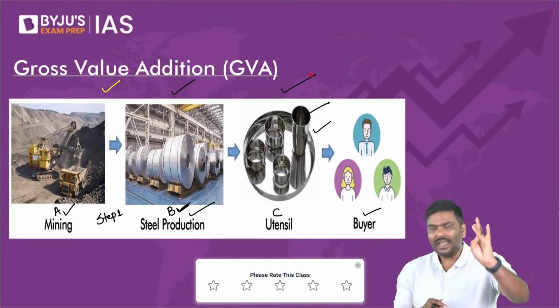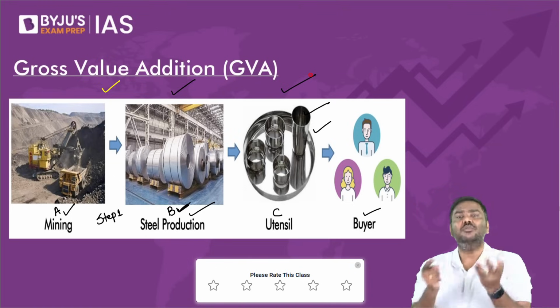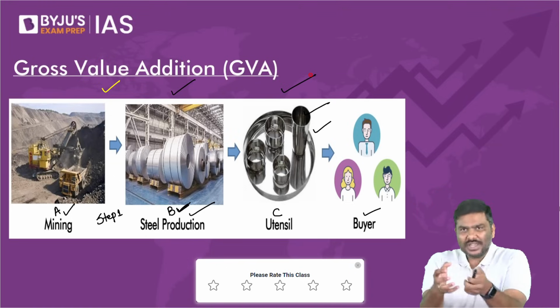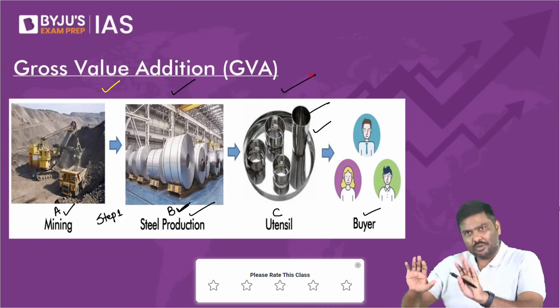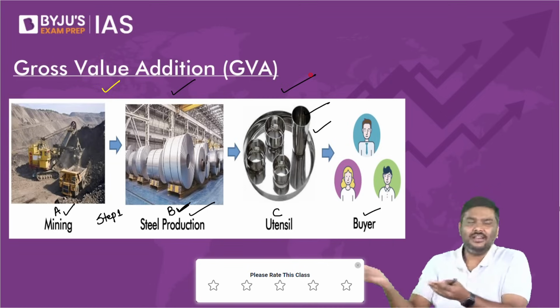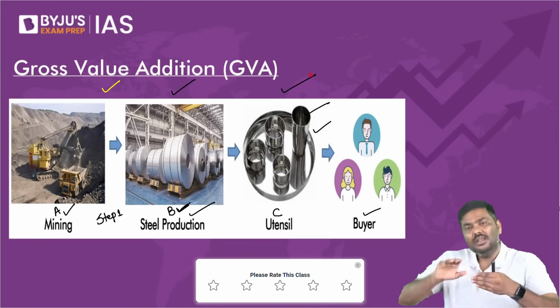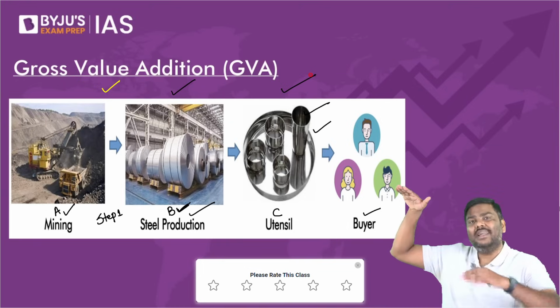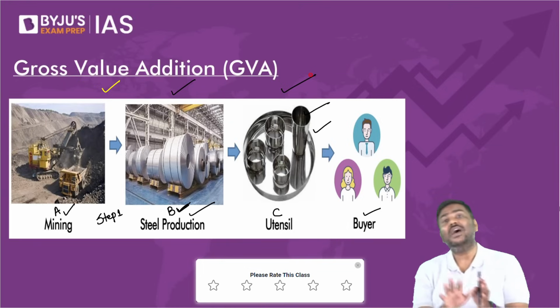All of them are adding value. Adding value means they are using something, producing and selling. But the argument is that the market price at which they are selling is higher than whatever input they are using. The market price is greater than the value of the input. That is basically the argument of value addition.